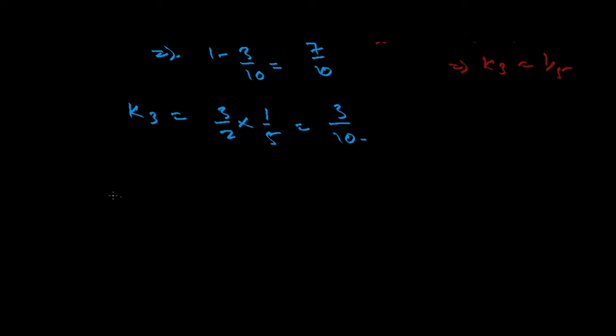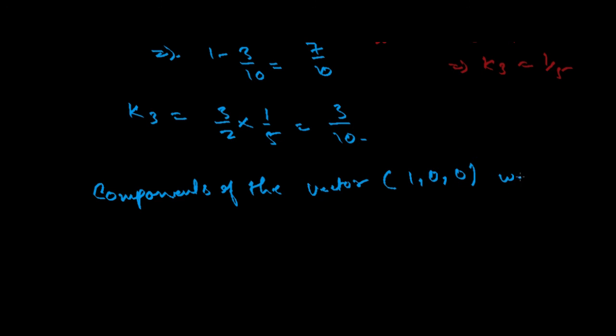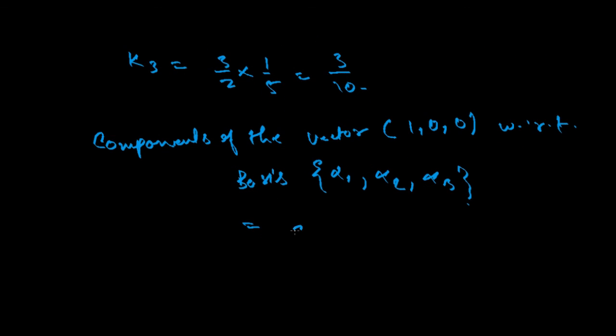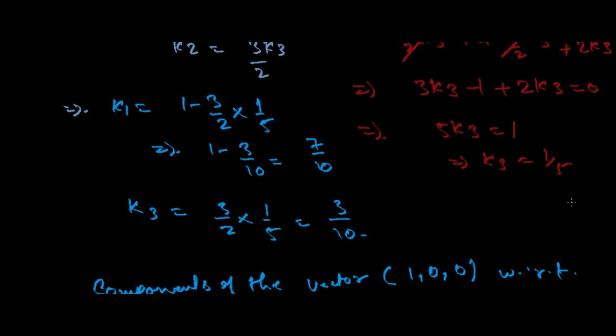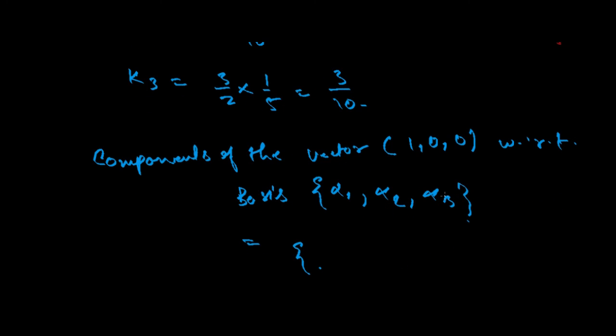So the components of the vector 1, 0, 0 with respect to the basis alpha 1, alpha 2 and alpha 3 will be equal to, what is K1? 7 by 10.